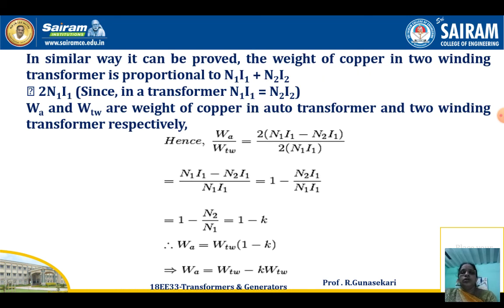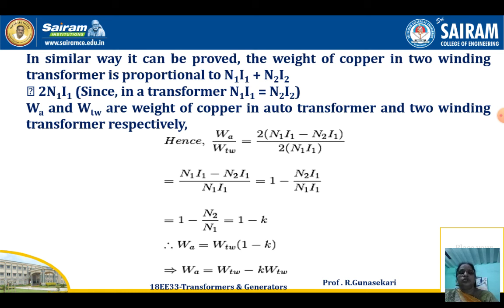Now for the two winding transformer, the weight of copper is N1 I1 plus N2 I2, that is 2N1 I1. Therefore we compare the weight of copper of the auto transformer and the two winding transformer. WA divided by WTW, where TW is for two winding transformer, A for auto transformer, W for weight. WA is the weight of copper in the auto transformer, WTW is the weight of copper in the two winding transformer.